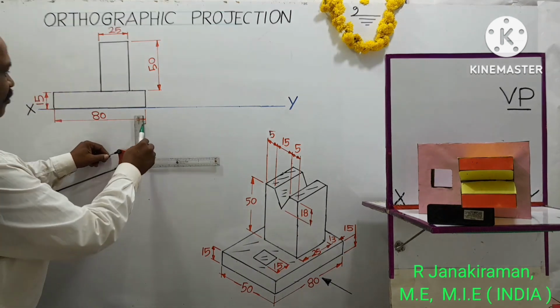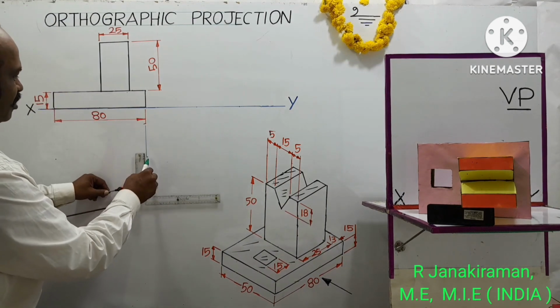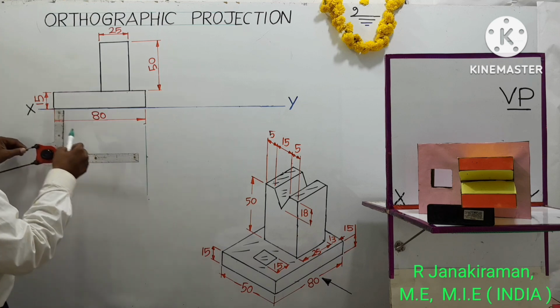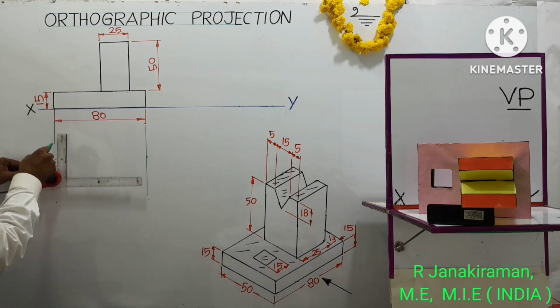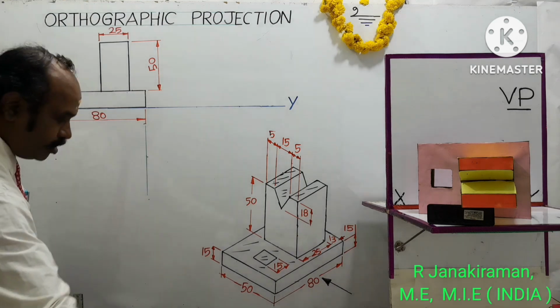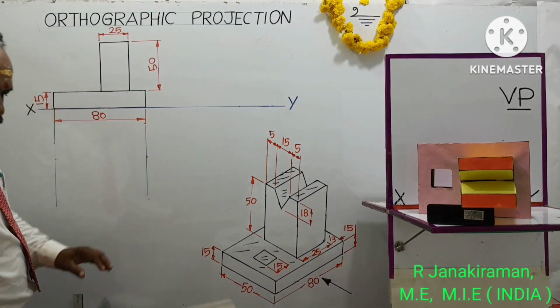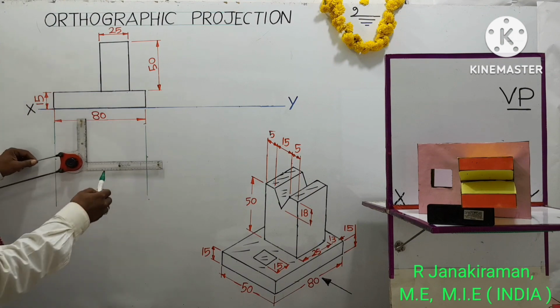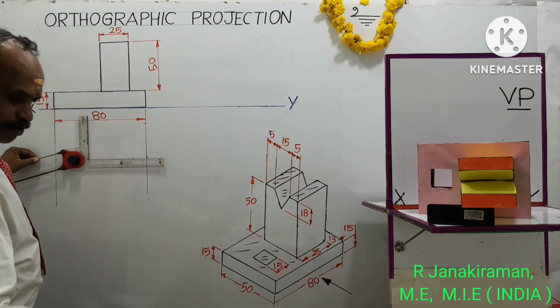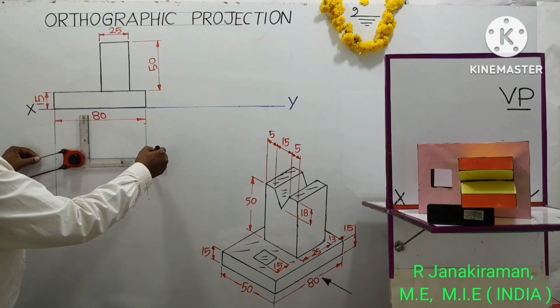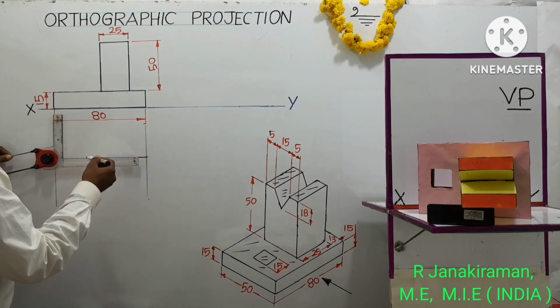So trace out these end points of the front view by projection lines drawn by a 2H pencil like this, and the vertical scale of a drafter. So draw a horizontal line using an object pencil, that is an HB pencil, it's an object line.